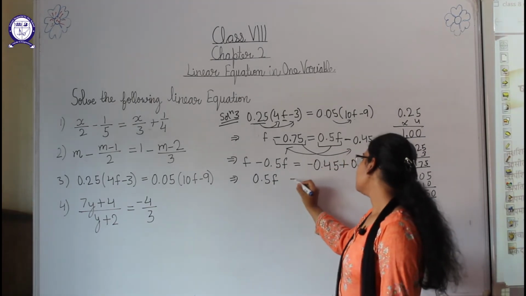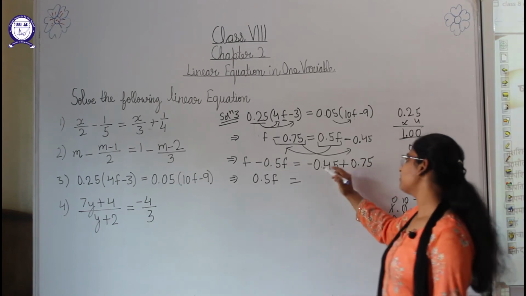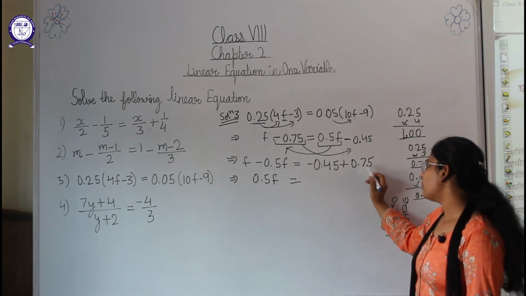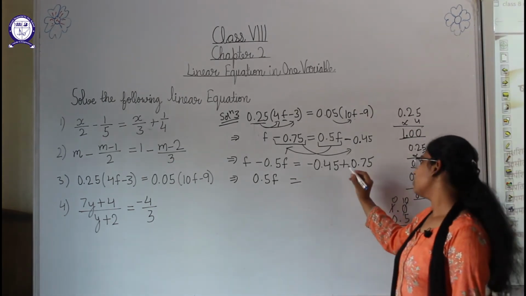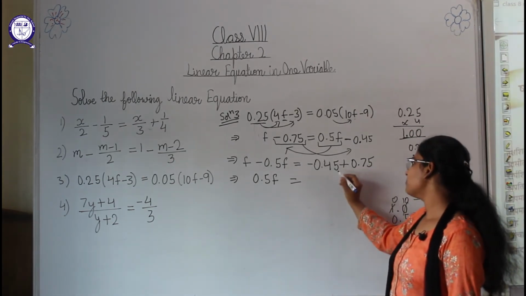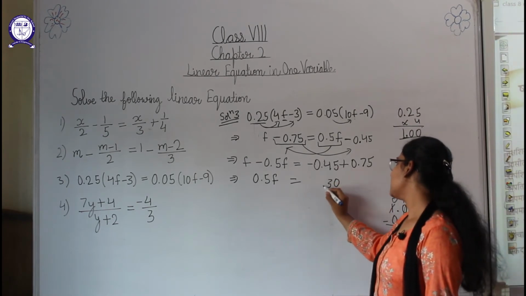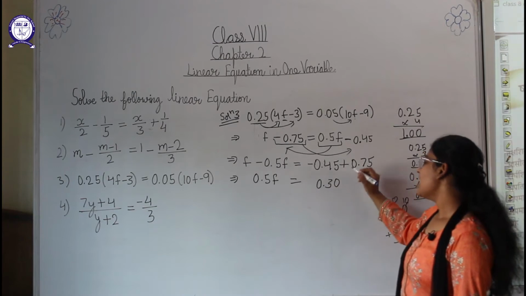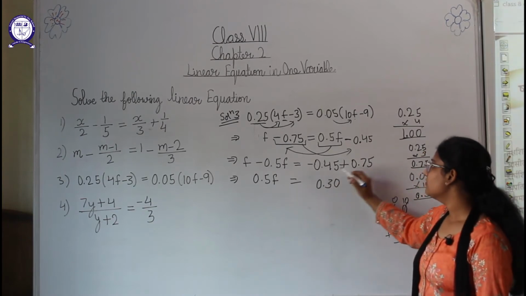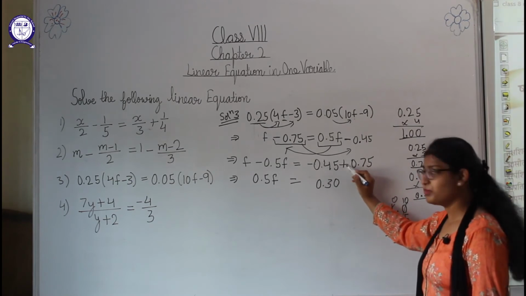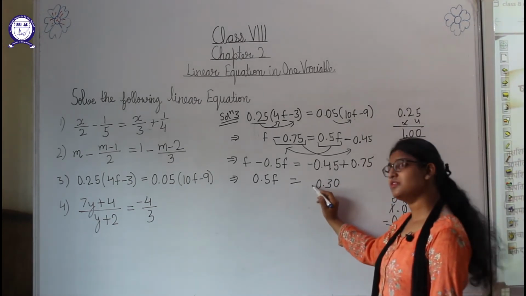Okay, equals to, now what we have to do, we have to subtract 0.45 from 0.75. Okay, so when we will subtract 5 minus 5 will be 0, 7 minus 4 will be 3, and here is 0 already. And students, to put the sign, which one is bigger? 0.75 is bigger and it is of positive sign, so it will be positive only.